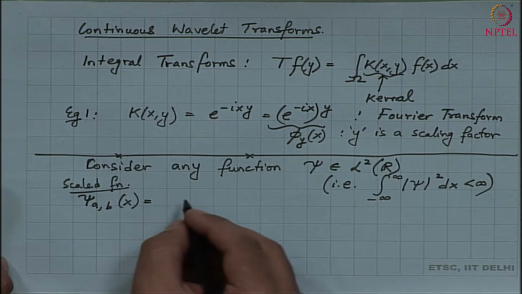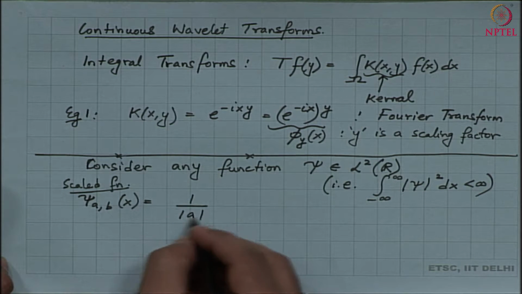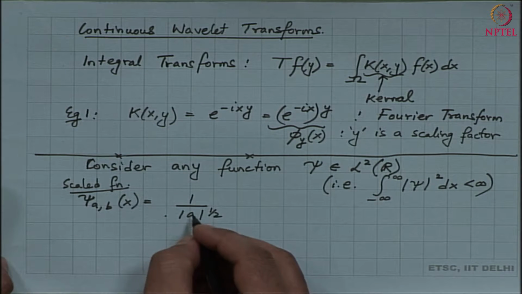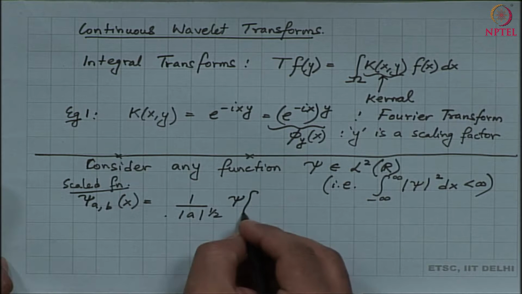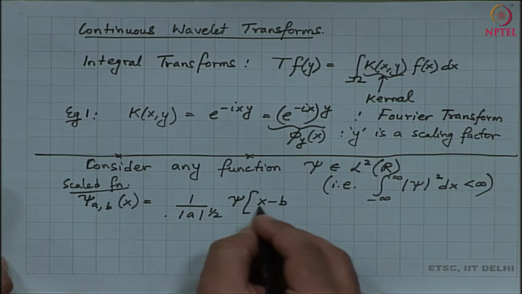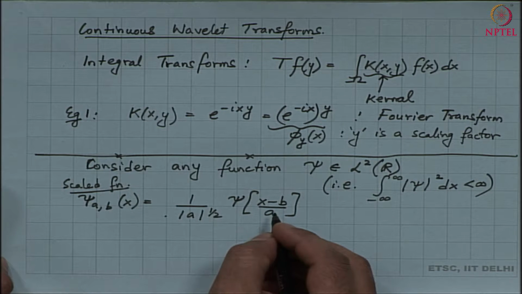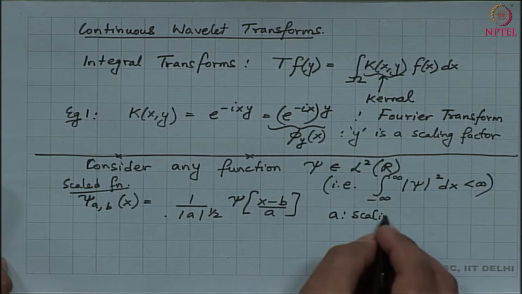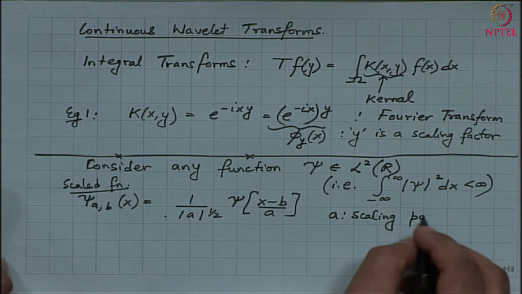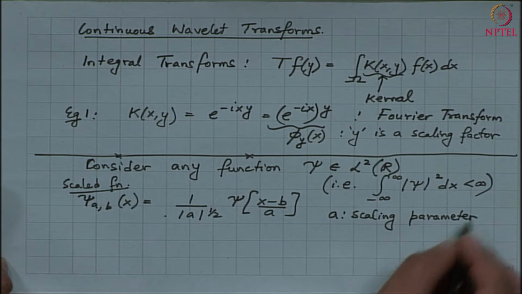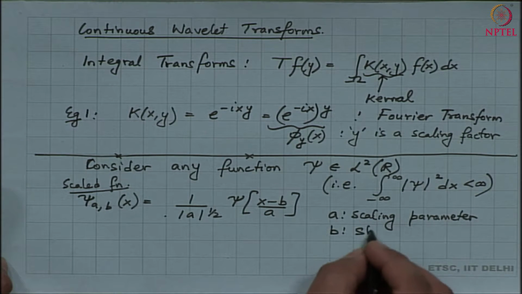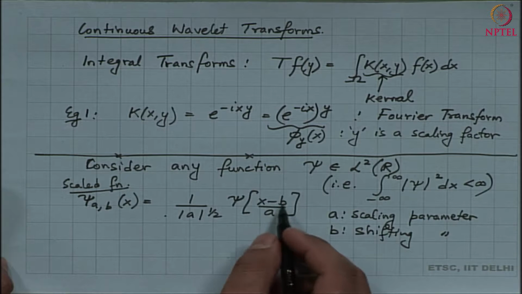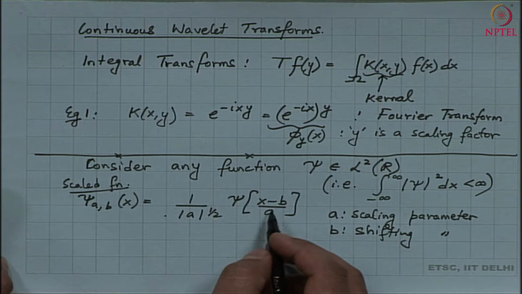Now, psi of a b of x is defined as 1 by a to the power 1 half times psi of x minus b by a, where a is my scaling parameter and b is my shifting parameter. Okay. So, I have scaled and shifted my function by the respective constants a and b.